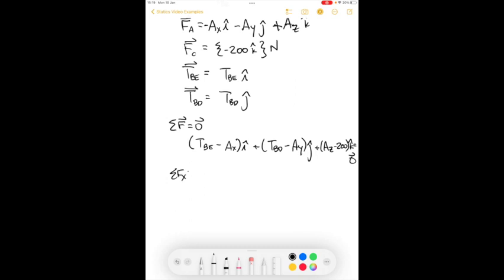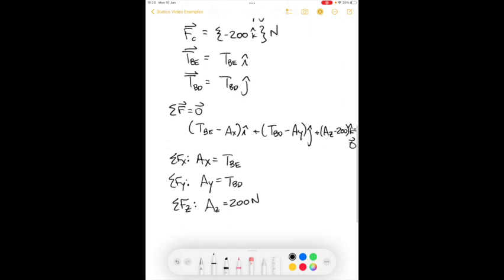So if we look at the X components, we see that AX is equal to TBE, that AY is equal to TBD, and that AZ is equal to 200 newtons. So that comes from each of these.